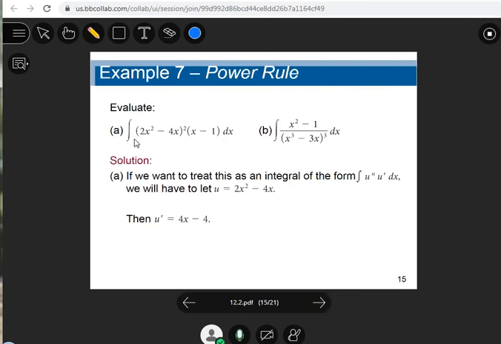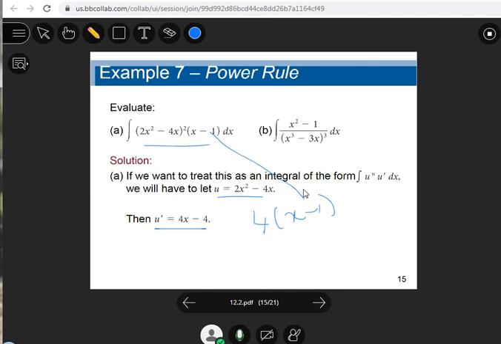This is the problem, (2x squared minus 4x) to the power 2 times (x minus 1) dx. Here also first substitute, this is u, then u prime is this one, but the crucial point is you can factorize this as 4 times (x minus 1).